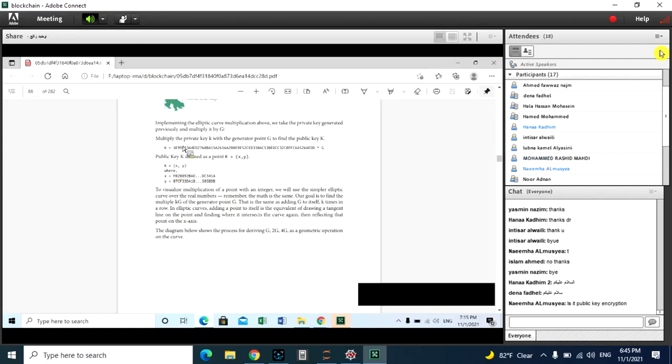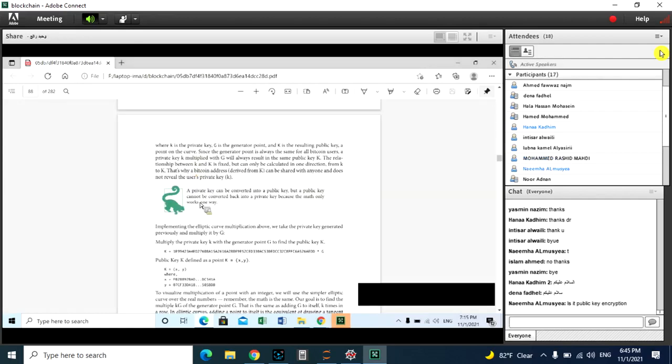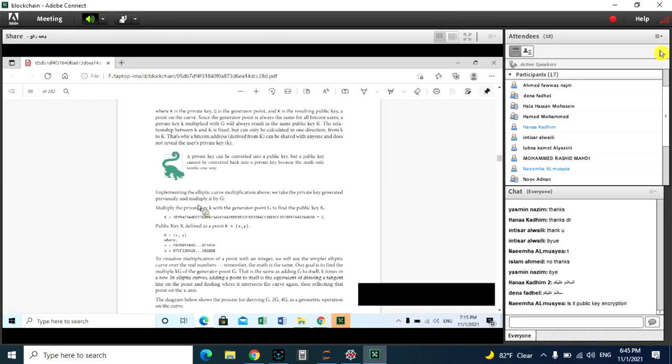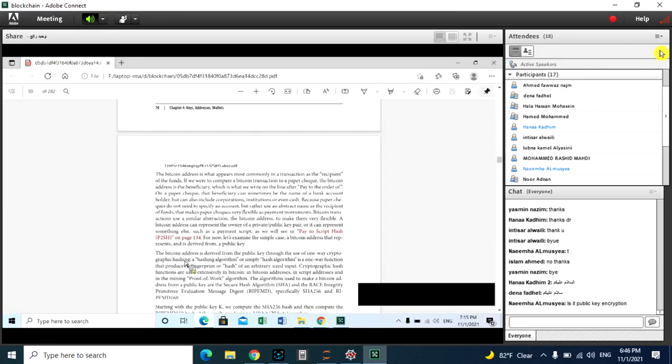Here you can read how Bitcoin addresses are generated from that public key. Hashing twice, with the algorithms SHA-256 and RIPEMD-160, will generate it.